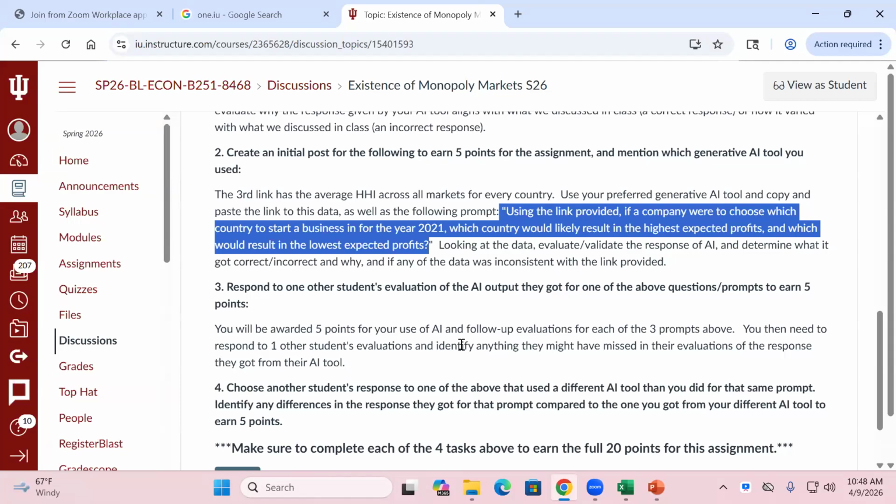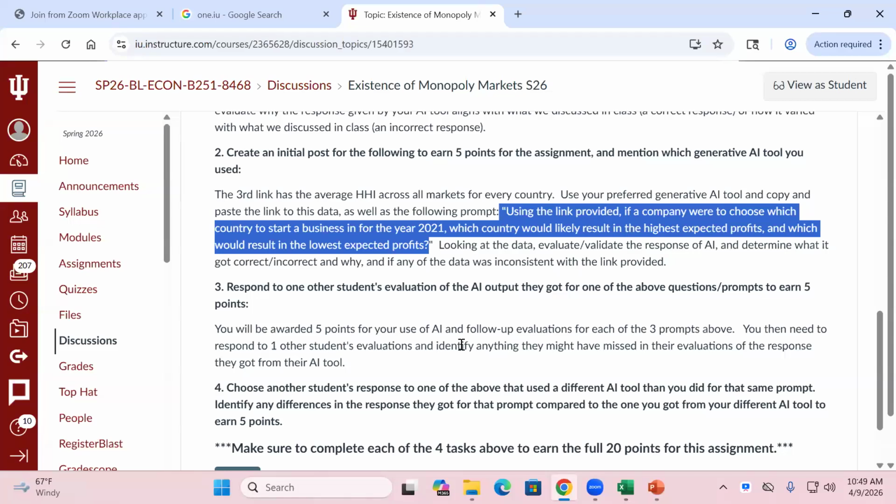Because when you use these different generative AI tools, some of them get something wrong differently than others. Some of them will give you different answers than others. So that fourth part is responding to another student and seeing why what they got from AI was different from what you got, right? And identify maybe any differences or incorrect or correct things that your AI tool got that theirs didn't.